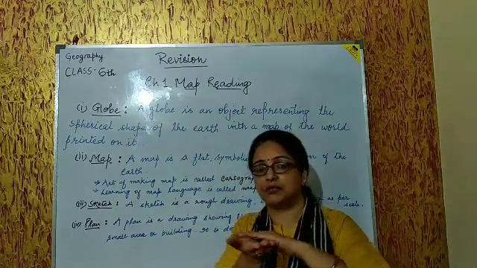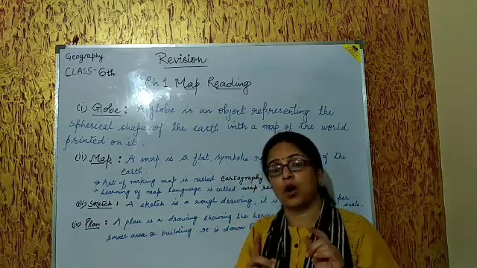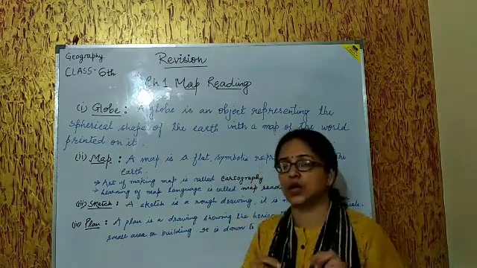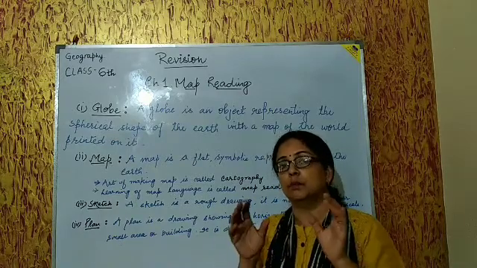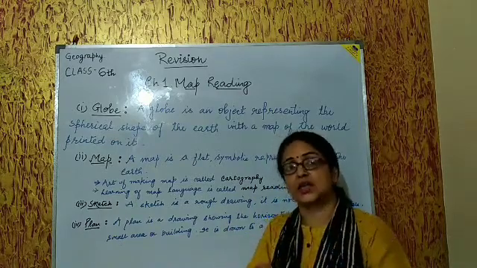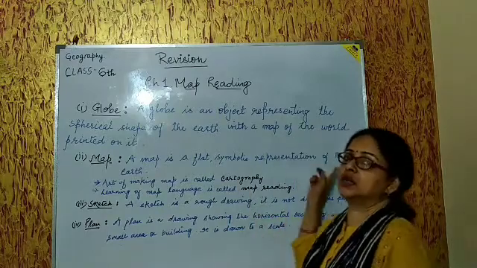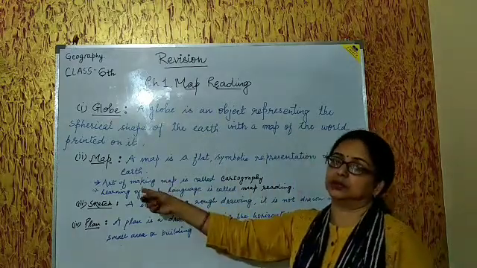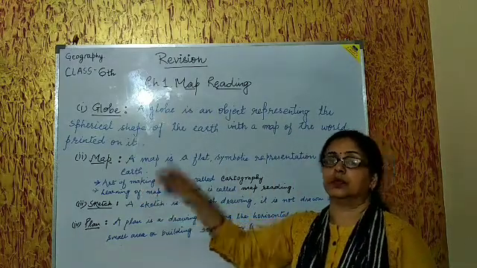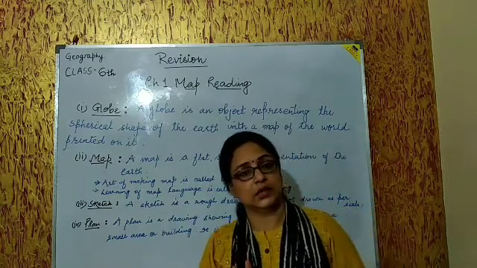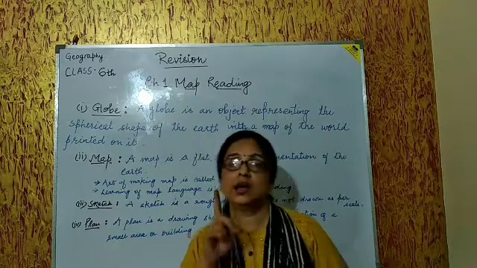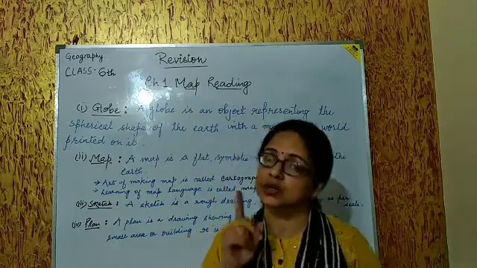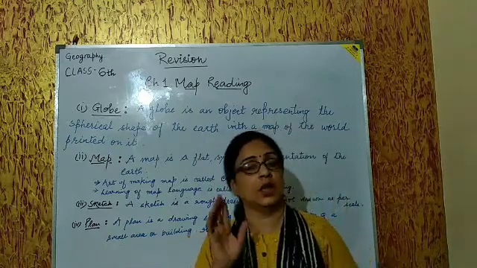A map is flat, and symbols are used to show the features. Is it clear? A map is a flat symbolic representation of the earth.